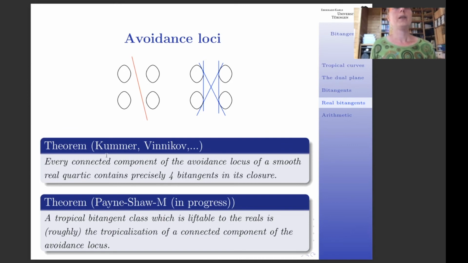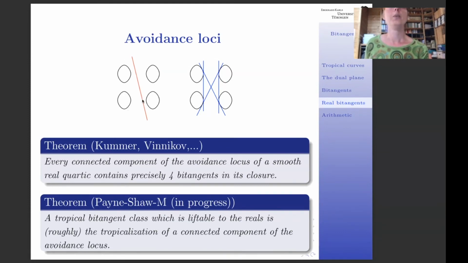Then there's a theorem by Kumar, going back to Vinnikov, maybe some others also, that tells me that every connected component of this avoidance locus has precisely 4 bitangents in its closure. And we can see this in this picture. We can move this red line around, staying in the avoidance locus. But if we move it such that it meets those 2 ovals, then it's a bitangent, and we are at the boundary of the avoidance locus.